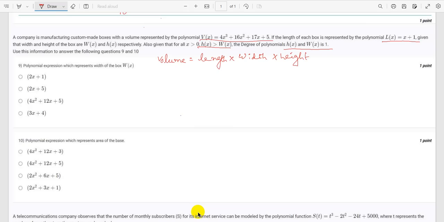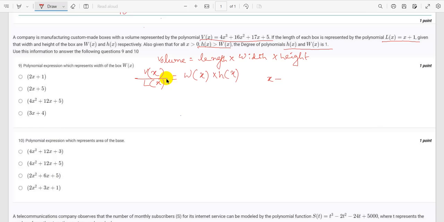So volume and length are given. So if we divide volume by length, we will get width into height, right? So V(x) divided by L(x), we will get W(x) into H(x). So we have to divide volume by length.